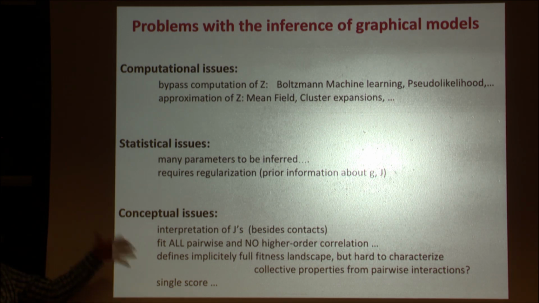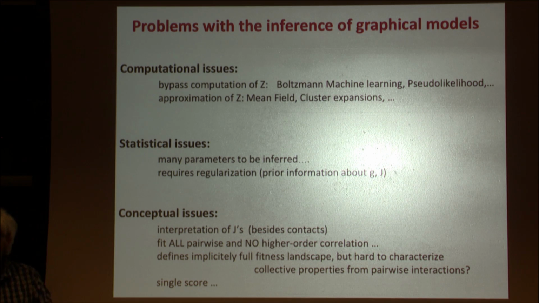And here, even if you spend a lot of time to infer all these coefficients, you are still far away from understanding how the fitness landscape is made up. You don't know what is going on. So for instance, if I tell you all the pairwise interactions, how do you understand what is a collective excitation, or a big piece of amino acids you should change in order to move to another conformation? It's very difficult. So knowing the graph doesn't tell you anything directly about the fitness landscape. It's very implicit.